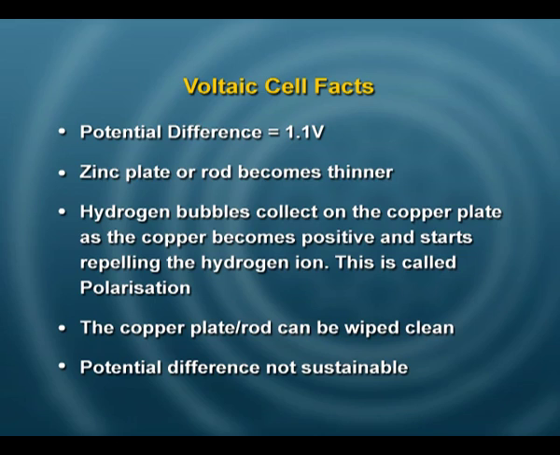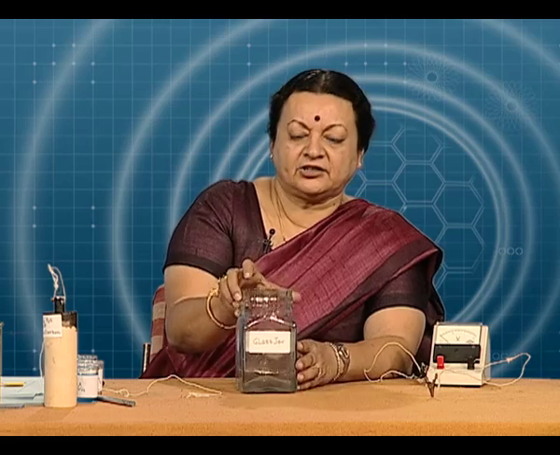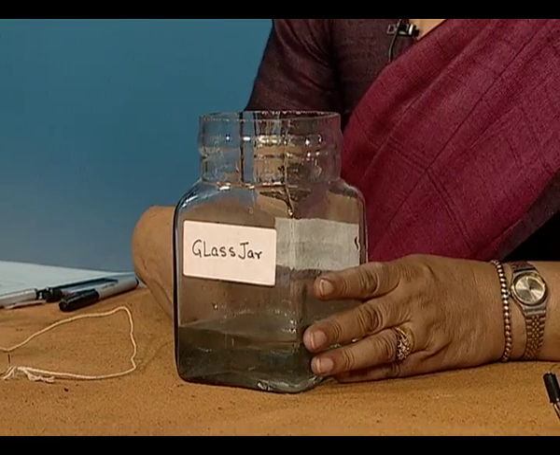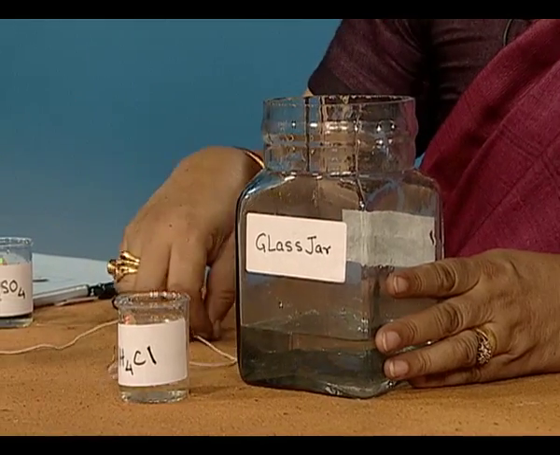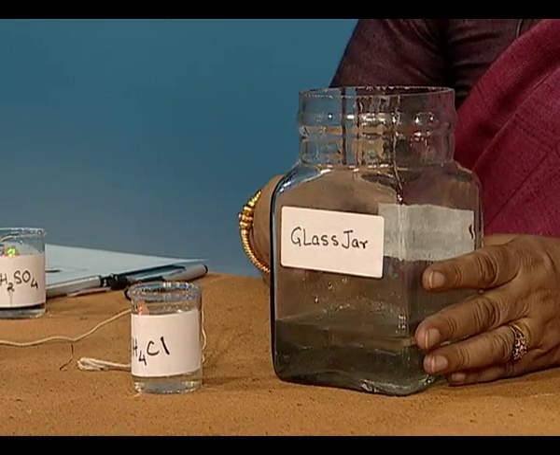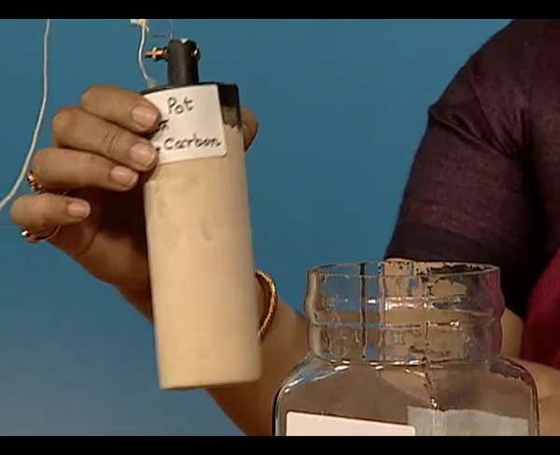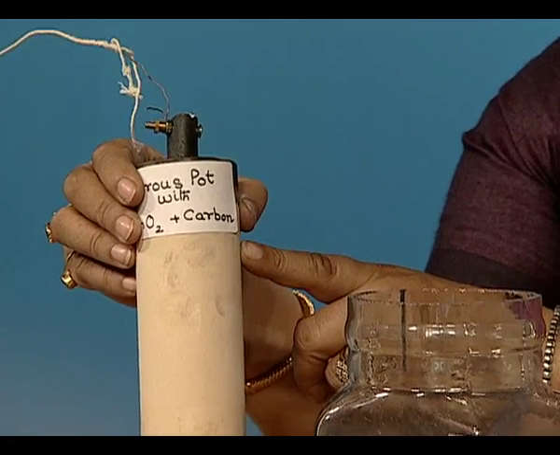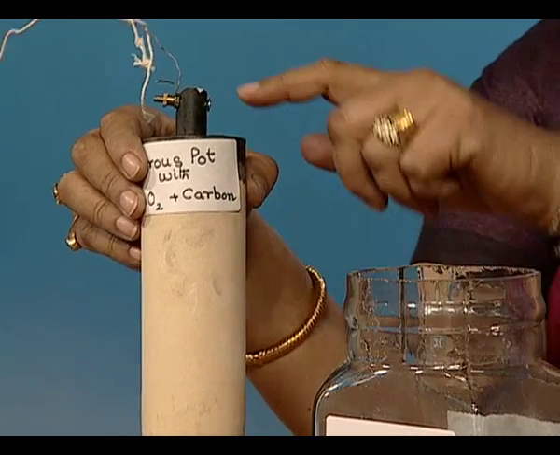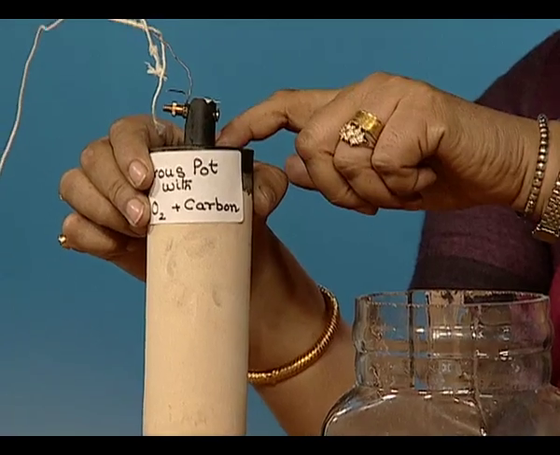One of them is designed by Leclanche. It contains a glass jar. Instead of sulfuric acid, you now have ammonium chloride solution in it, some of which I have already put. There is a porous pot, and this porous pot has MnO2 and carbon. At the center of it is a carbon rod.